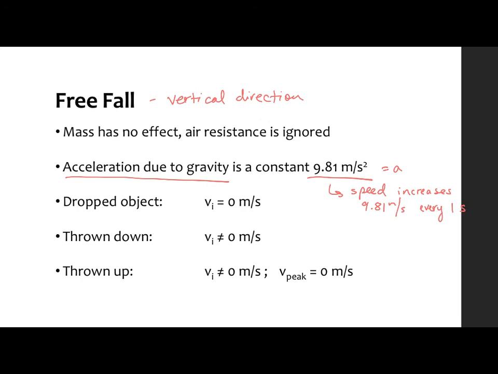What these three scenarios all have in common is that a is equal to 9.81 meters per second squared, except in the thrown up option, when you're going up, the object slows down. So it might be easy to use negative 9.81 because it's slowing down, just for simplicity of calculations.